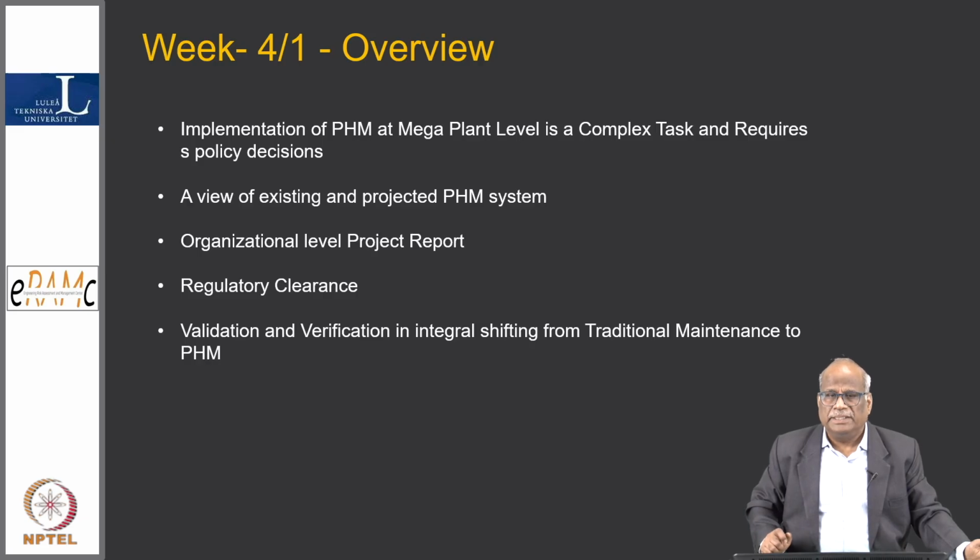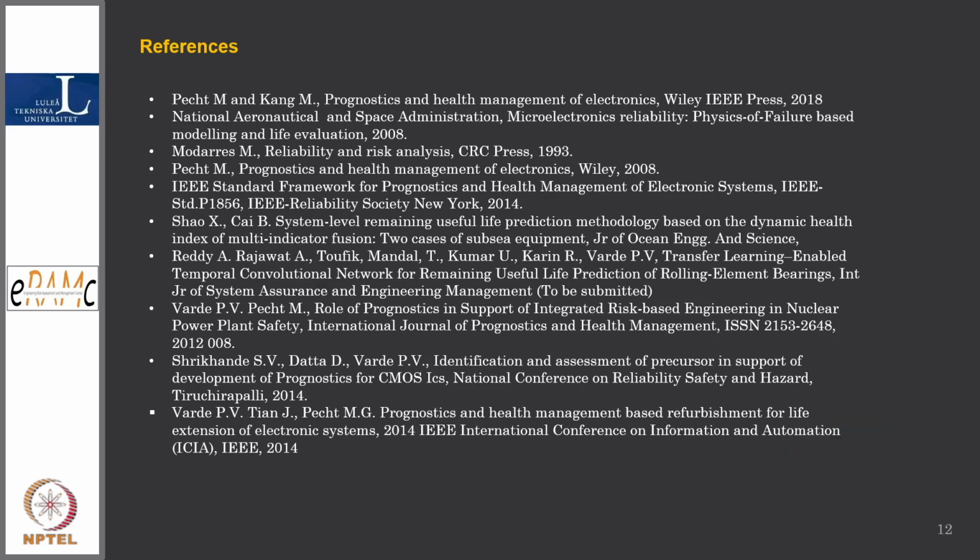And then of course when we go to the plant level, a regulatory clearance is always required, because if we are touching a safety system, or even making any fundamental change in a process system, then we have to take regulatory approval, because it is going to become part of the safety document. And then the validation and verification strategy, how we will maintain it, and how upgrades will be required to the existing maintenance system. So this is the final comment for this week.